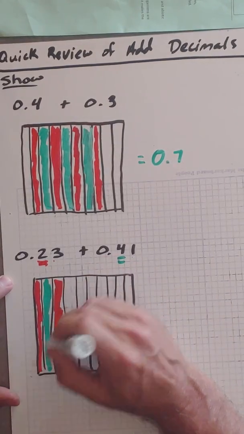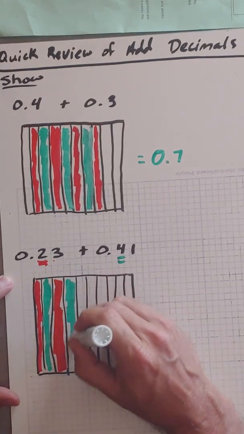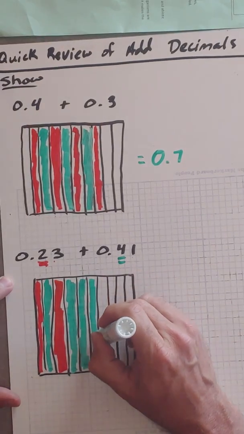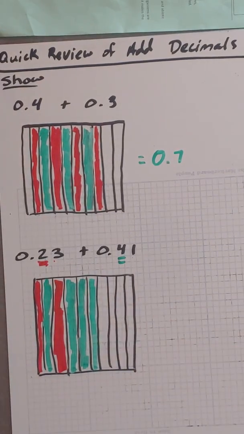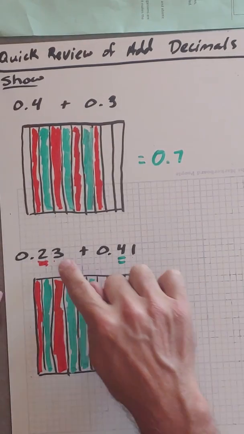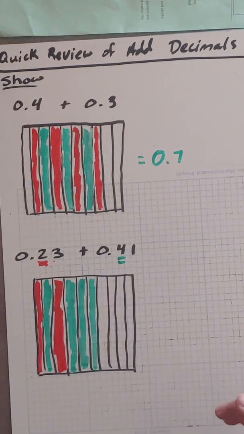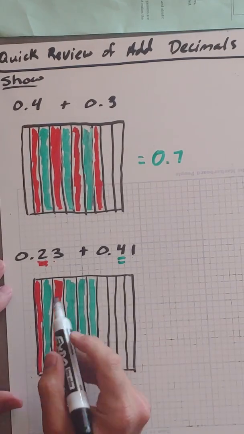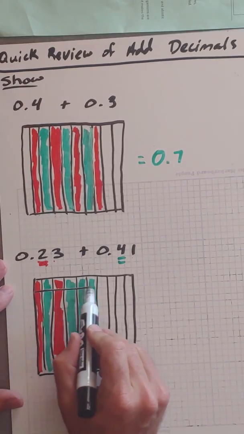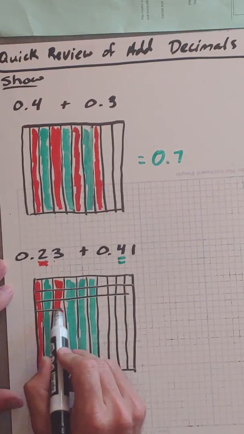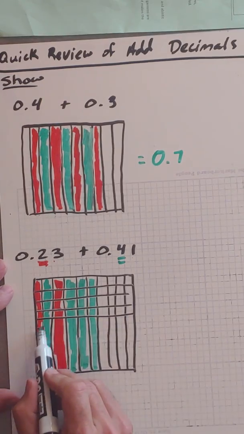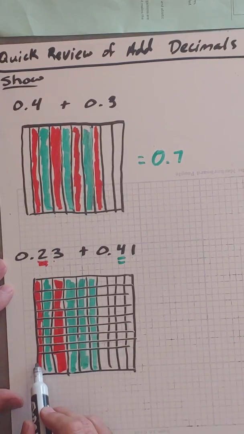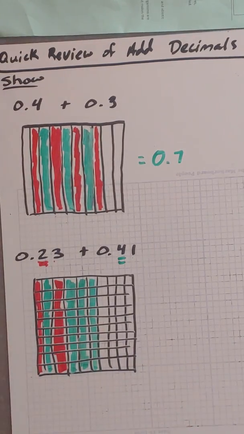This long one. 1, 2, 3, and 4. So now I've done the 2 tenths and the 4 tenths, and now I have this one left. Now this one is a lot smaller, and since these are a lot smaller, I need to turn those into hundredths, and so then that is going to be going this direction. 1, 2, 3, 4, 5, 6, 7, 8, 9, and 10.